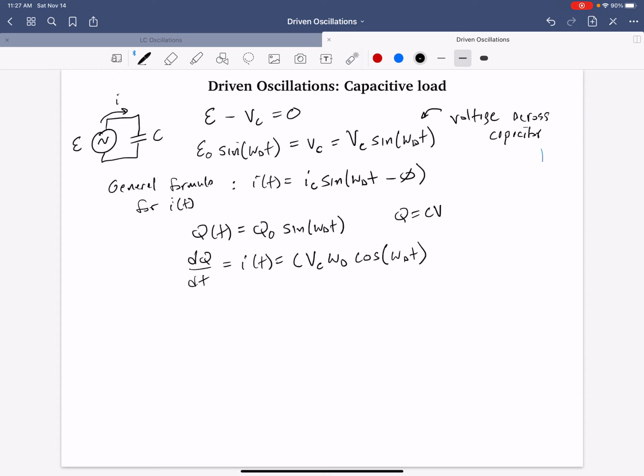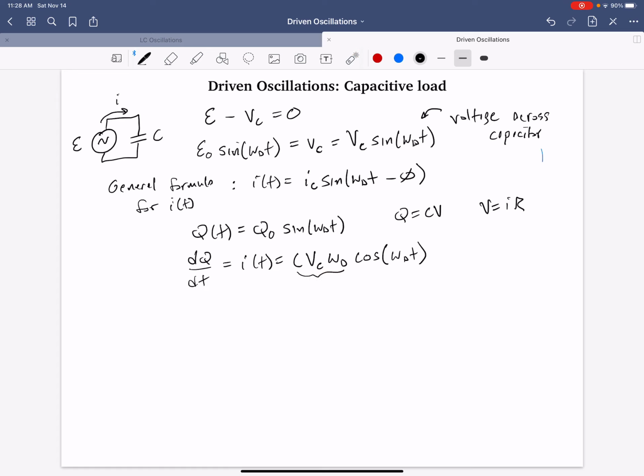Well, remember that this always has to obey Ohm's law, which was V equals IR. So if this whole thing is a current, this coefficient here also is a current, which means it has to be in the form of voltage over resistance.